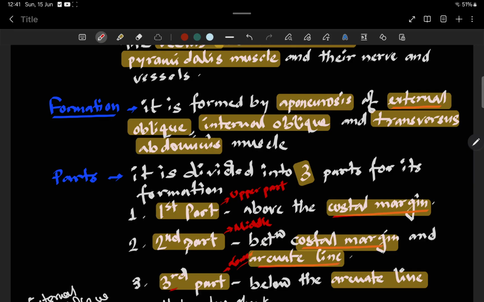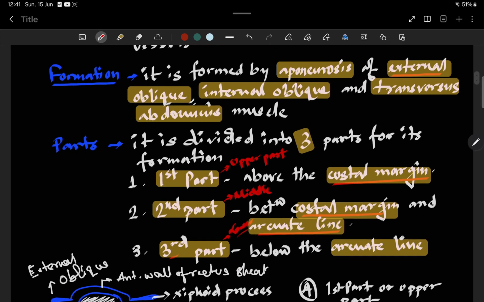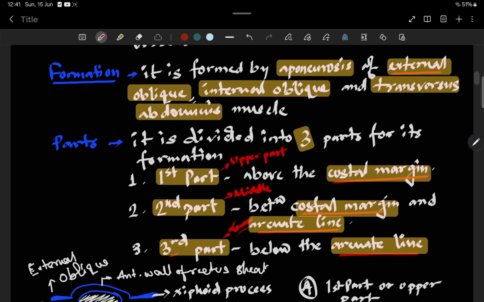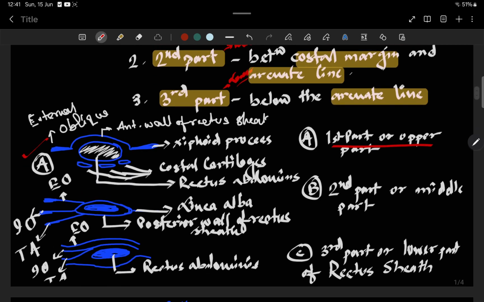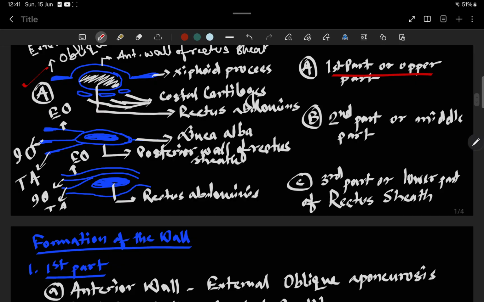The third part or the lower part is below the arcuate line. Okay. So these are the schematic diagrams of the first part, the second part, and this is the third part.